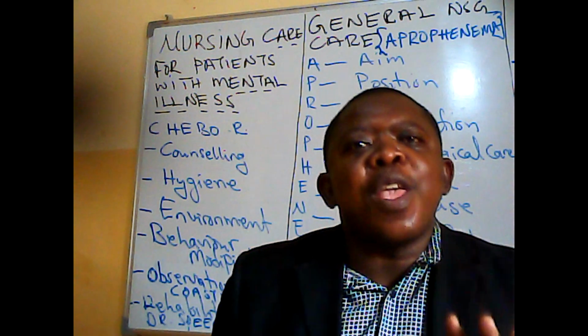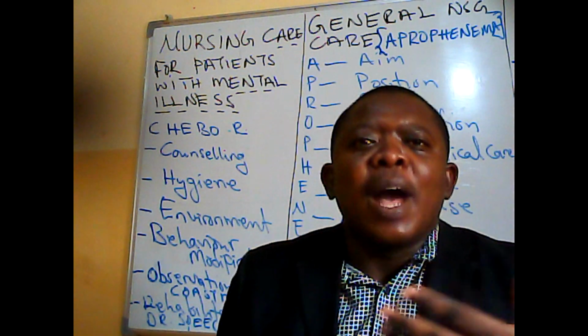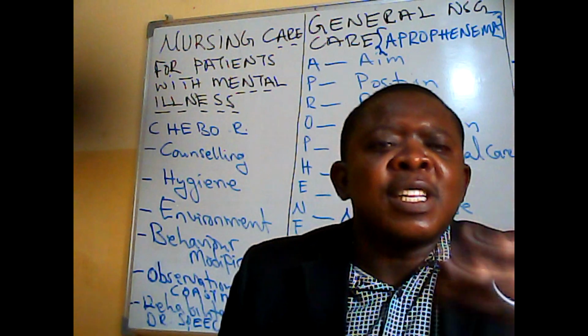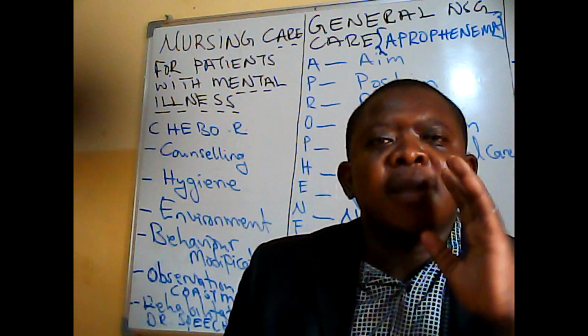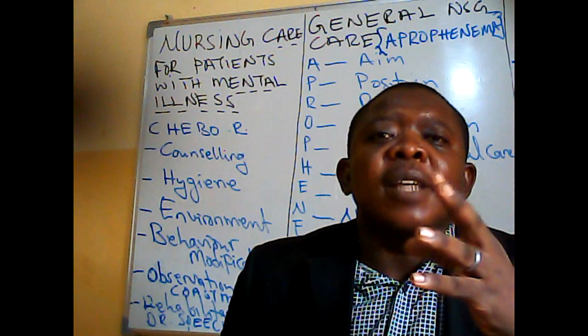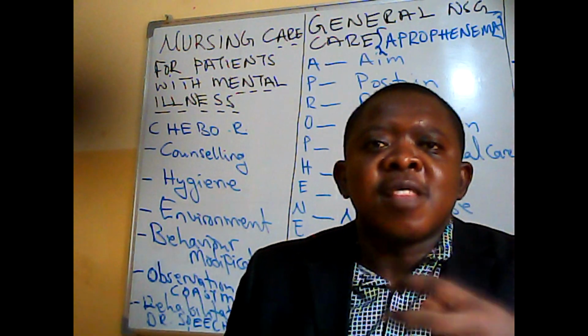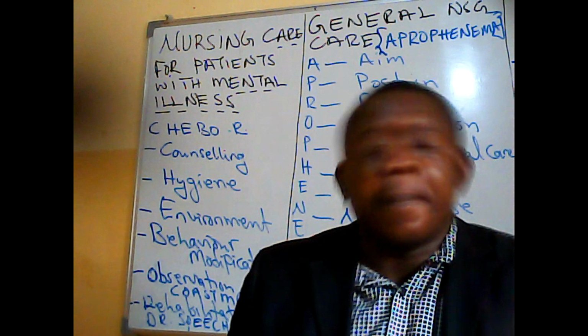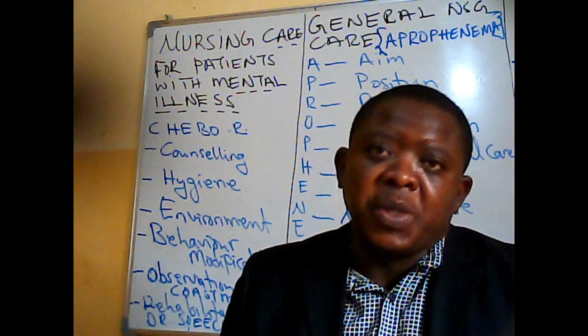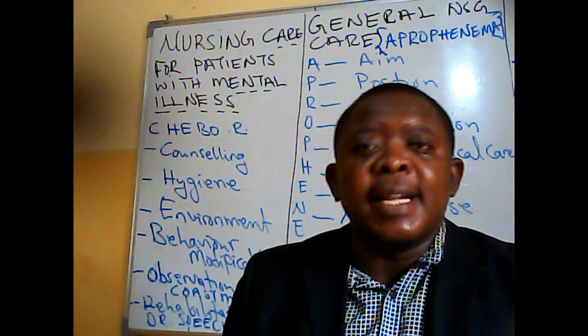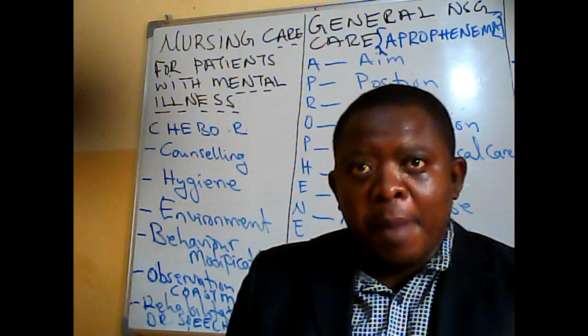So within your nursing art, look at the certain skills that you can apply. Within your scientific nursing, look at certain principles that you can follow in order to apply here so that you can nurse this patient with the mental illness. So affect and mood within the course now.